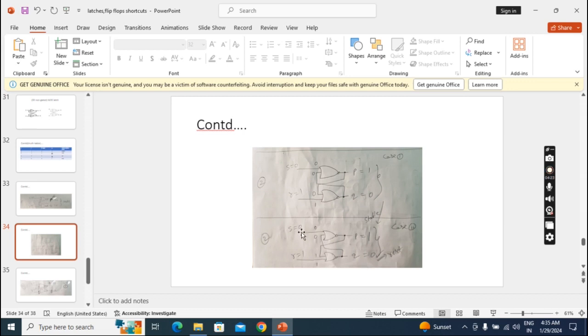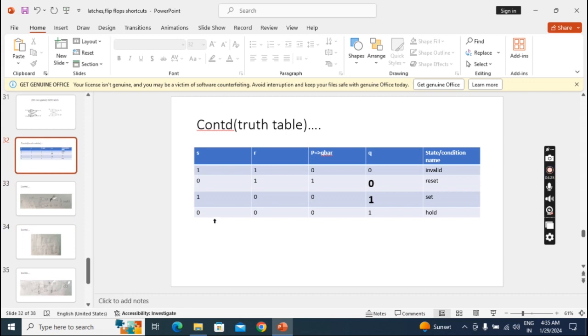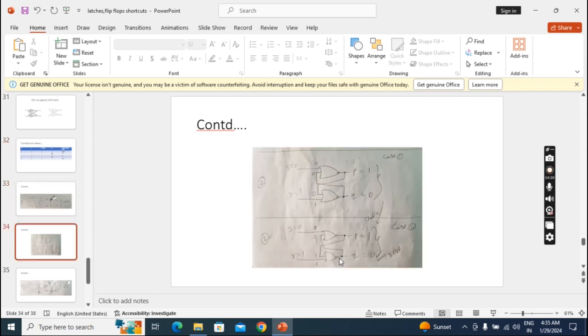See here what is coming: when S is 0, Q is 0. This is called reset, because this is my Q, 0 is stored. And you have to observe that in the SR NOR latch, output will be the same as S, but in the NAND latch, output will be the same as R when inputs are different.